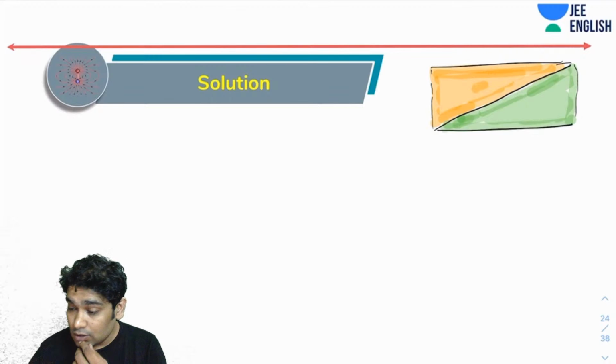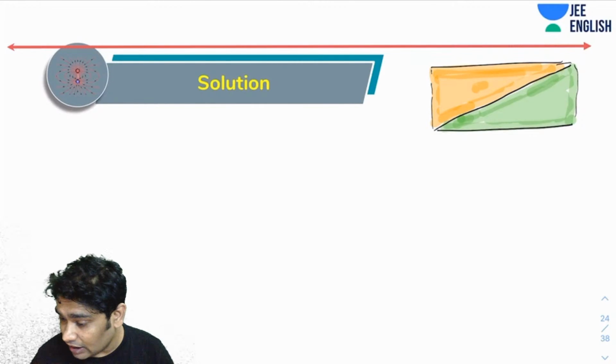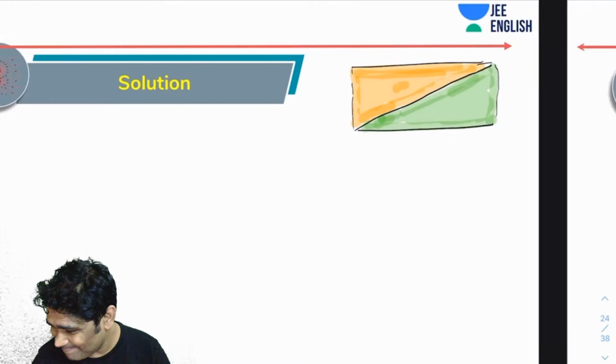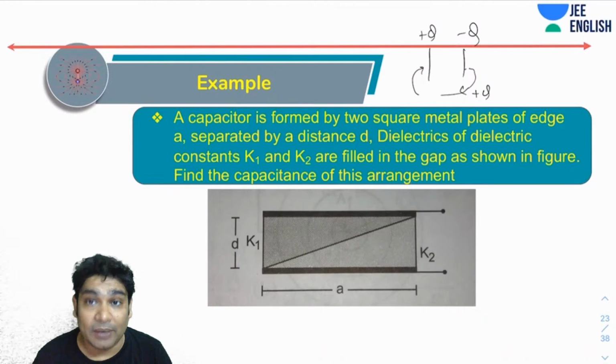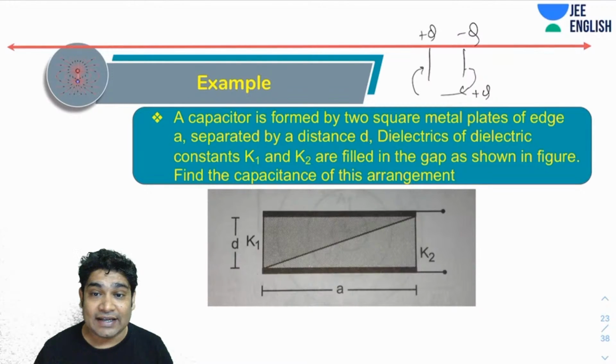Alright. So now let's see what has been told. You have been told that the distance between the two plates is d, and the plates are squares of edge A each.